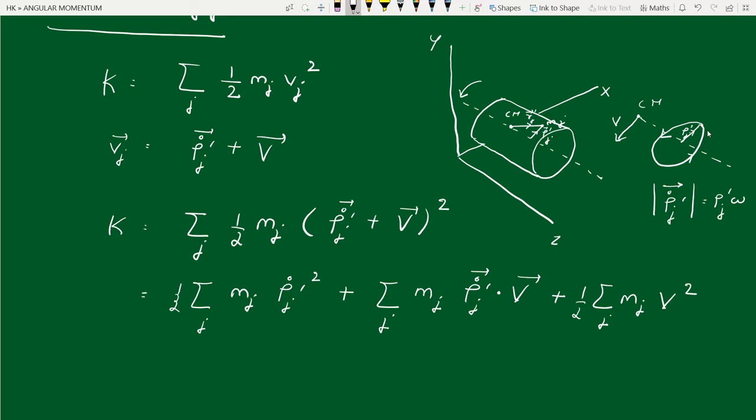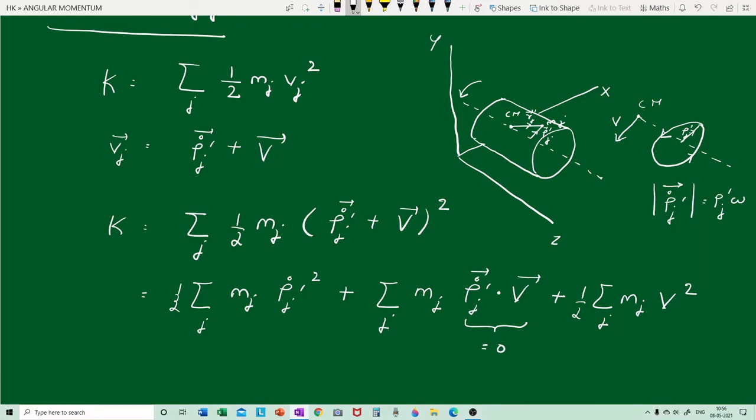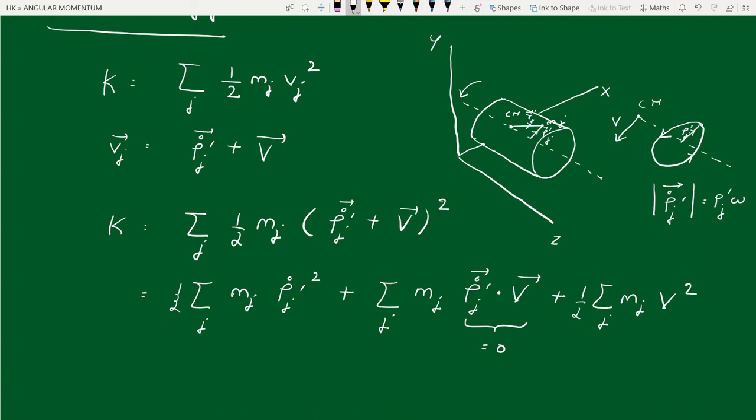Okay, so in these three terms we can show that this second term, the sum over j of mj rho j prime dot dot V, will be 0.